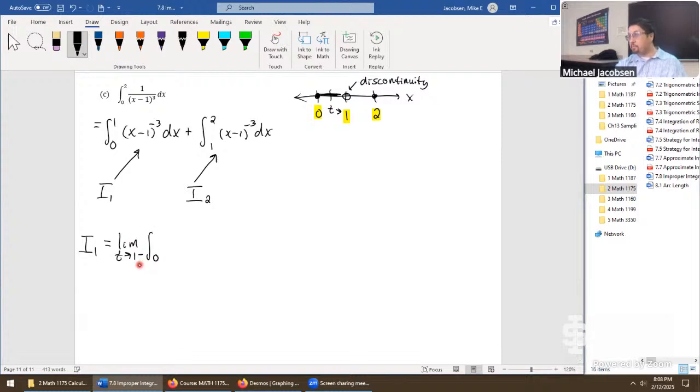And now we integrate from 0 to t, (x minus 1) to the power negative 3 dx. So if we can find the antiderivative and take the limit, our work might either be complete if it diverges, halfway complete if it converges. If it converges, we need to take a look into I2. Any questions at all, folks, with this setup so far?